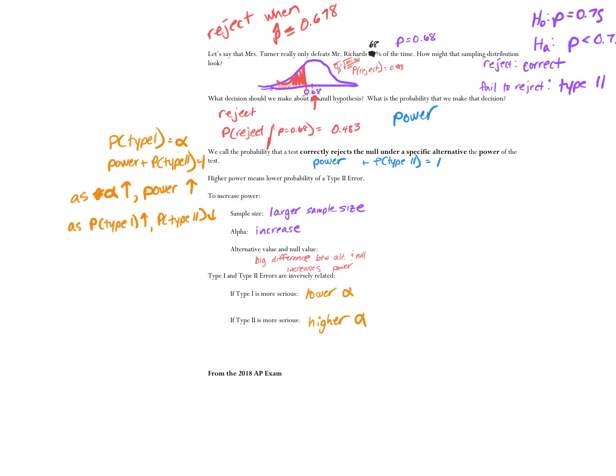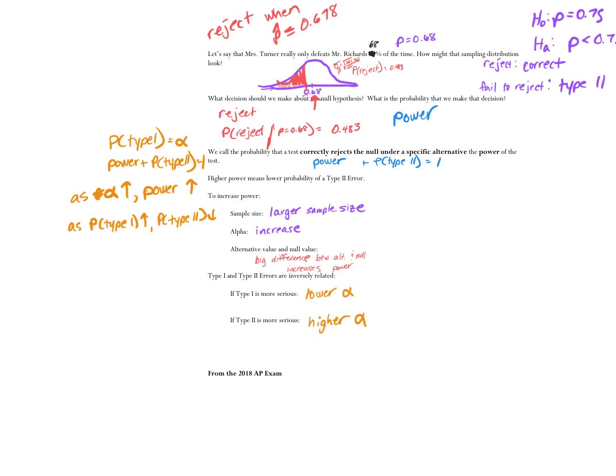I guess when you're talking about how big the difference between the alternative and the null is, what would quantify as a big difference? If we were going to ask you that question, it's more likely going to be a multiple choice question, okay?